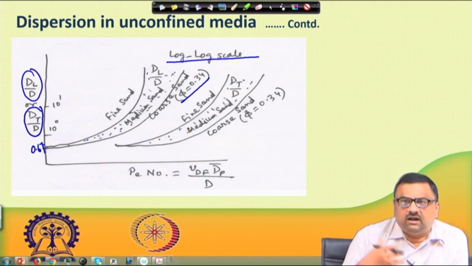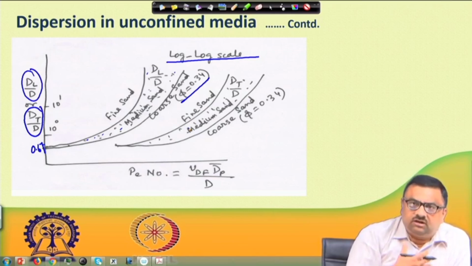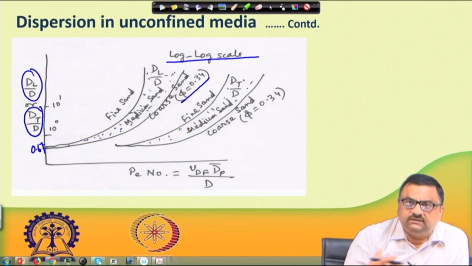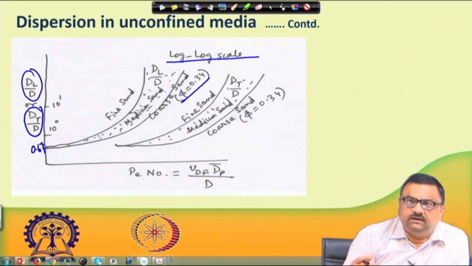Generally, if an unknown sample has to be studied, then one has to run a dispersion test. That means one has to conduct a dispersion experiment and find out the dispersion coefficient.